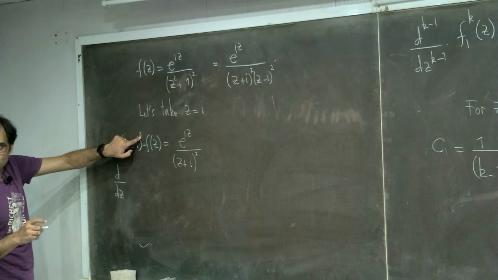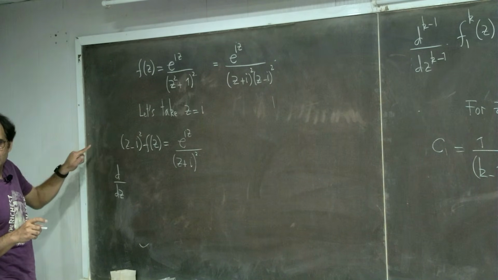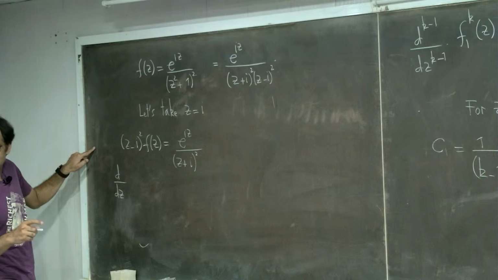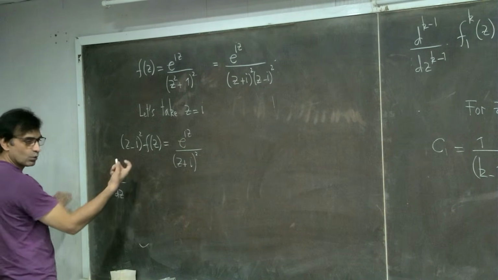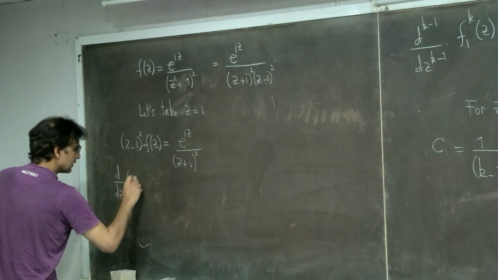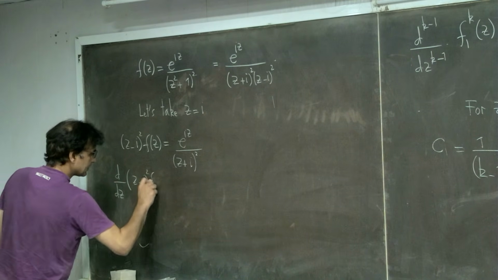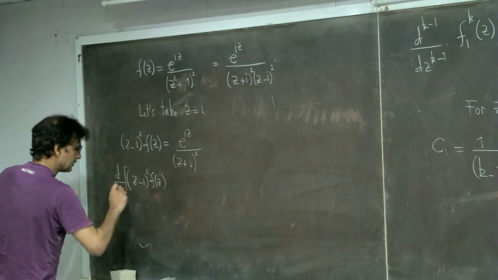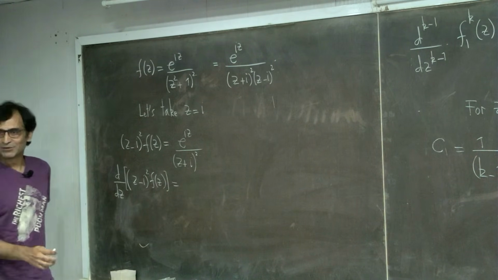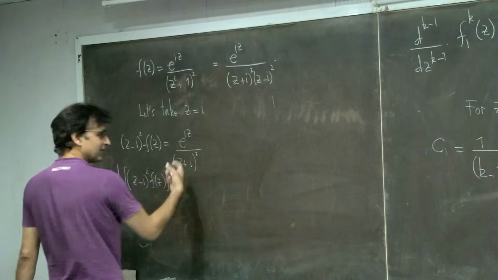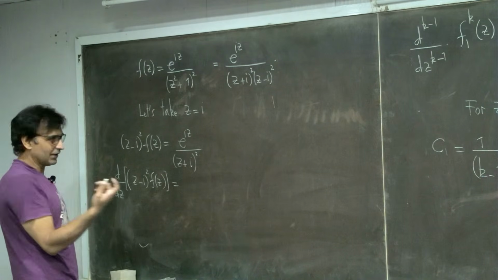It is 2, so imagine k is 2 and the derivative is 1 less than that, so it is d by dz only, k minus 1 becomes 1, and then you have z minus iota squared f of z. Now you have to take the derivative of this one. What will be the derivative?